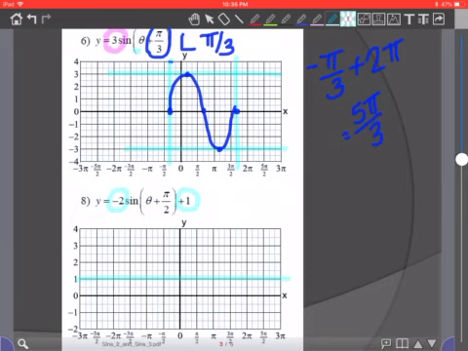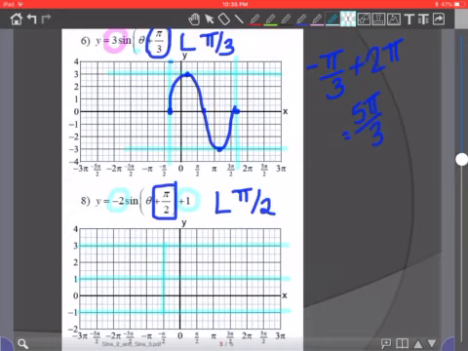So from my new axis, I'm going to go up 2 and down 2. Okay, and also be careful with that negative. Okay, so here's my B value of pi over 2, which tells me that I'm shifting to the left, pi over 2. So I'm going to go to pi over 2.